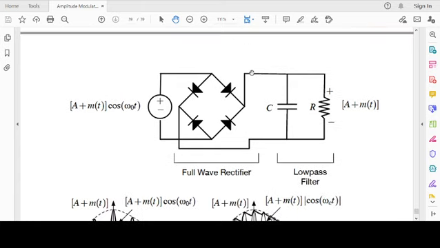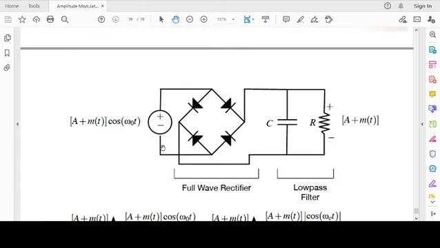A full wave based rectifier can also be used as discussed before. The circuit would look like this. You have a bridge circuit with diodes arranged in bridge configuration. So this is a full wave rectifier, and then you have the corresponding low pass filter RC.